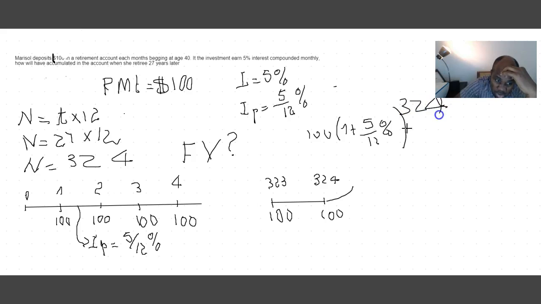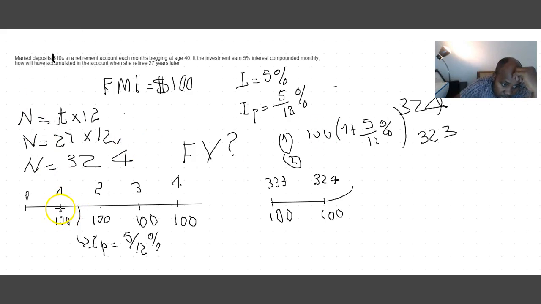But remember, this is only for the first $100. I would have to compound the second deposit also, for 323 periods. I would have to compound the third deposit as well, and then add everything at the end. It's too much work to do it like that, but that's one way to do it.